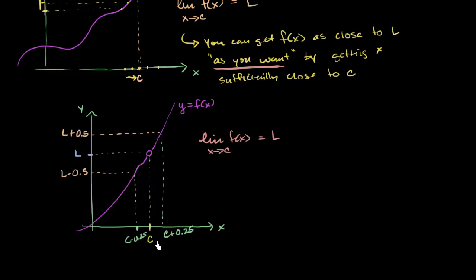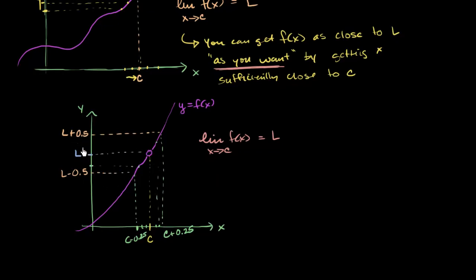And so you tell them, look, as long as you get x within 0.25 of c, so as long as your x's are sitting someplace over here, the corresponding f of x is going to sit in the range that you care about. And they say, okay, that's fine, you won that round. Let me make it even tighter.